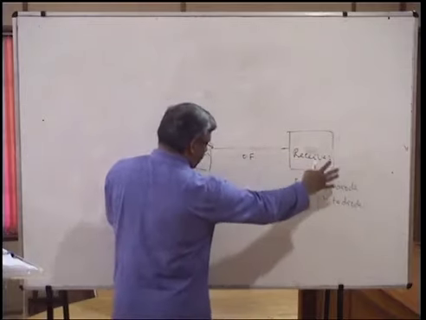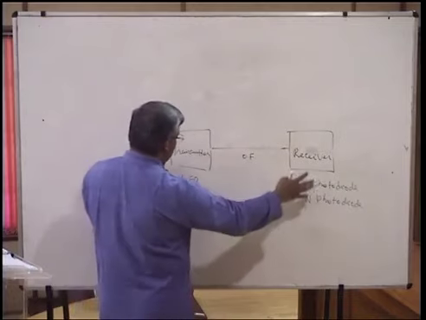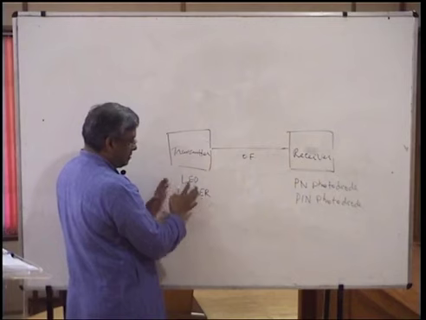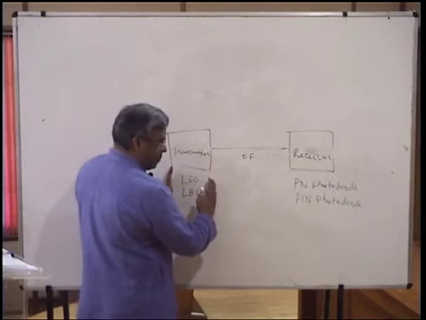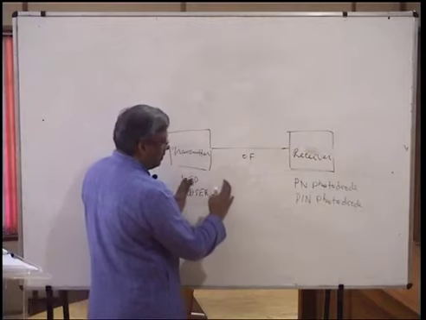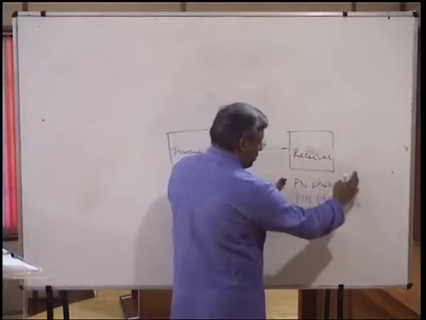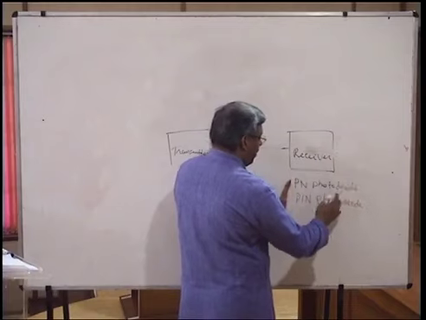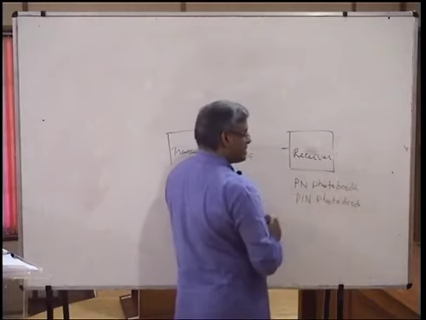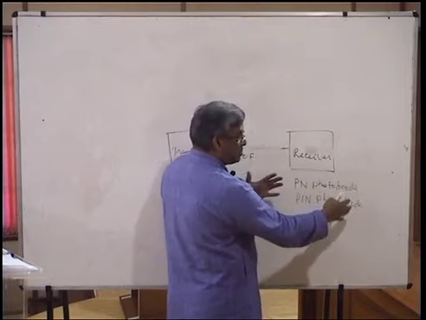So this is a short story about optical fiber communication. A transmitter operating on LEDs and lasers, which is basically a PN junction in the forward bias condition. And on the receiver side, a photodetector, which is either a PN photodiode or a PIN photodiode, which is again a PN junction, but in the reverse biased condition.